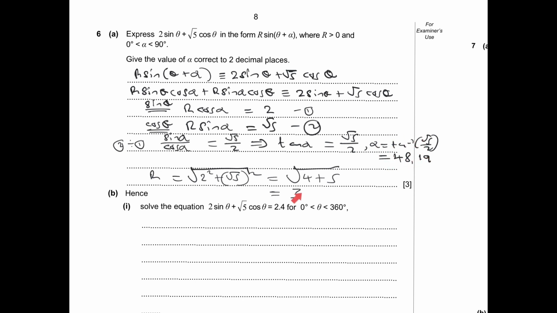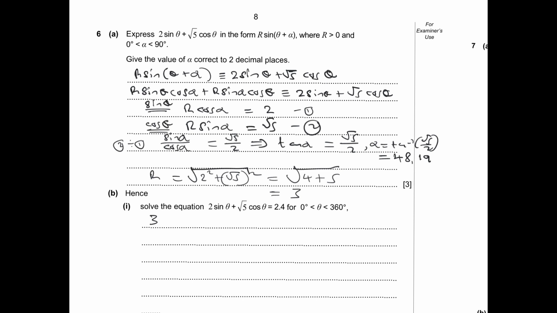We didn't necessarily need to find the value of r, but that is obviously going to be needed in the next part here. Because first of all, we need to write this in the form of that. Now, remember our r is 3.